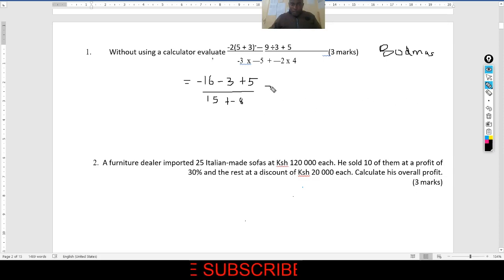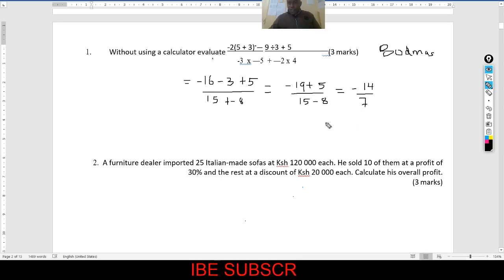So here we shall have -16 minus 3, which is -19, plus 5, all over 15 minus 8. -19 plus 5 gives you -14, all over 15 minus 8 which is 7.